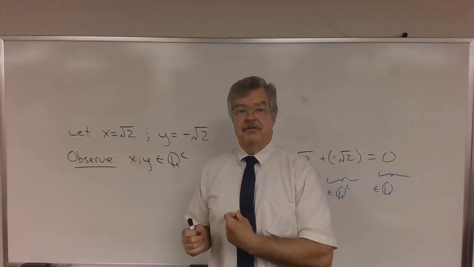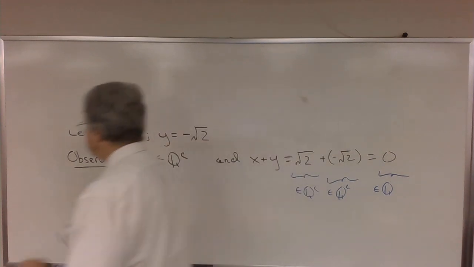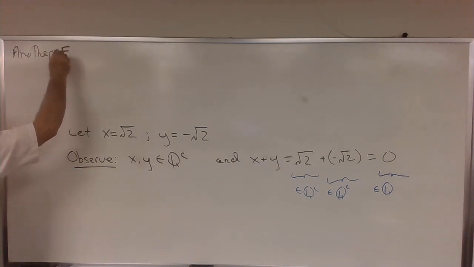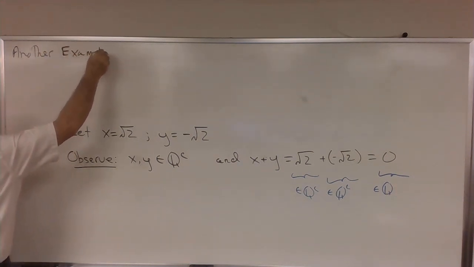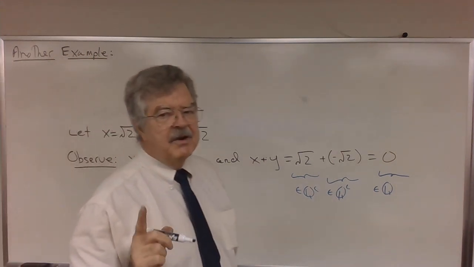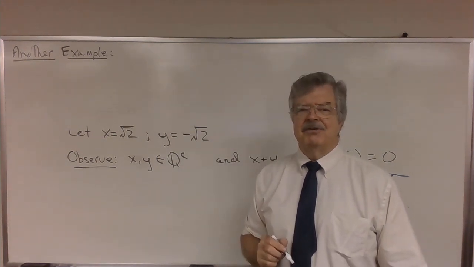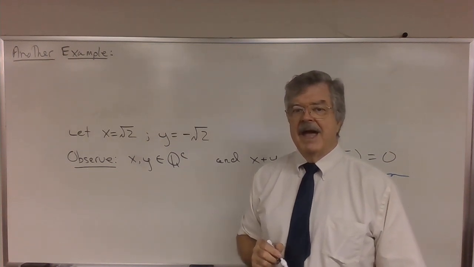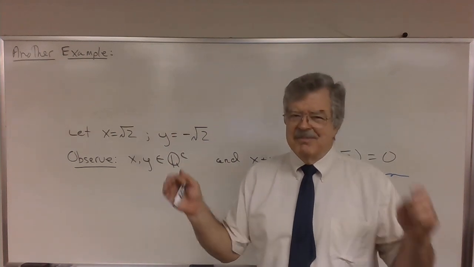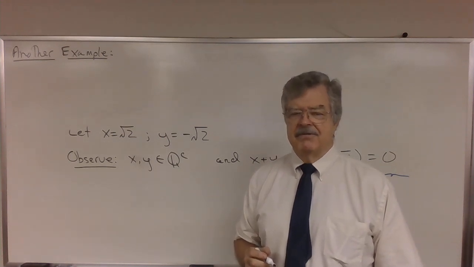We're going to have to construct our x and our y. They'll both be irrational numbers, but their sum is going to turn out to be rational. And we're not going to use the old trick where y is the negative of x and we add them together to get 0. We're going to do something a little bit different.